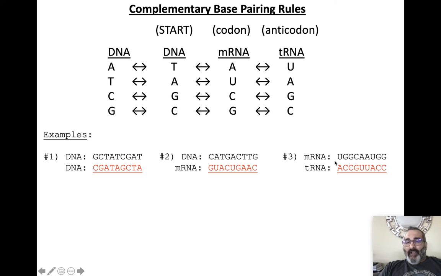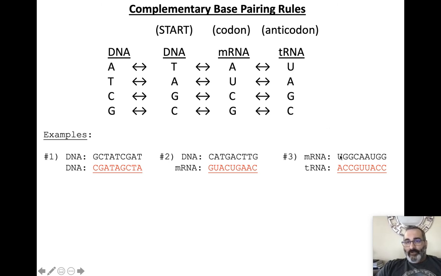Finally, number 3: sometimes you go from mRNA to tRNA. When does that happen? It happens in a process called translation, when you're producing a protein. A's go to U, U's go to A, C to G, and G to C. If you notice in the RNA columns, there are no T's. U's have now replaced the T's.